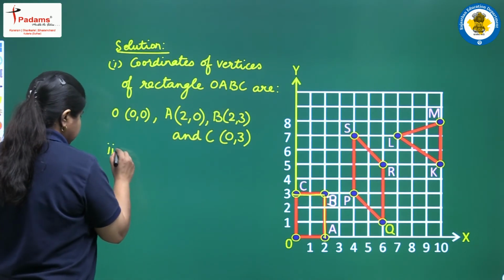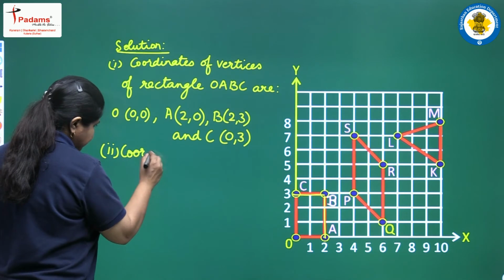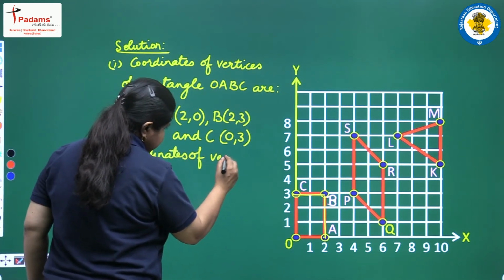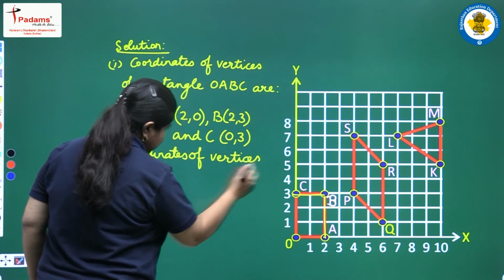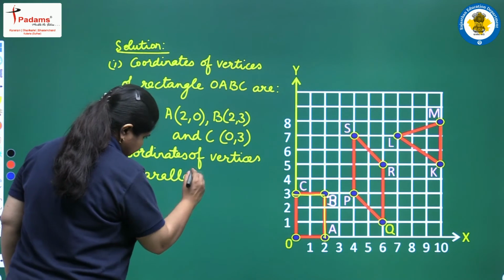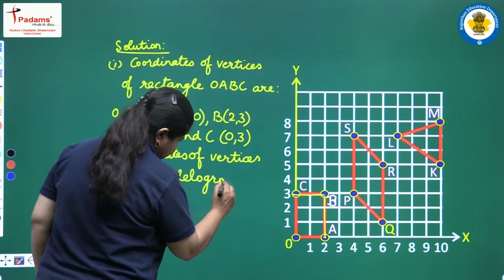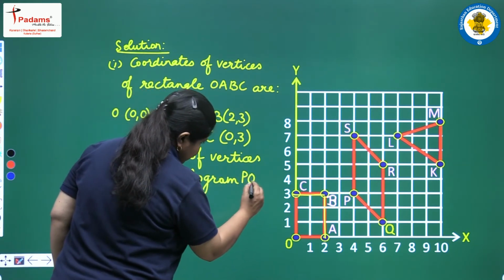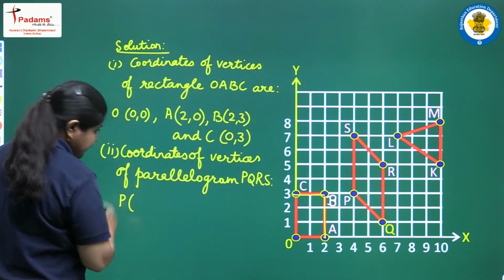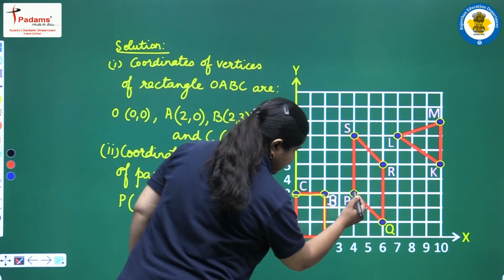Next we take the coordinates of vertices of parallelogram PQRS. इसके coordinates लेते हैं P. We have this point P here.